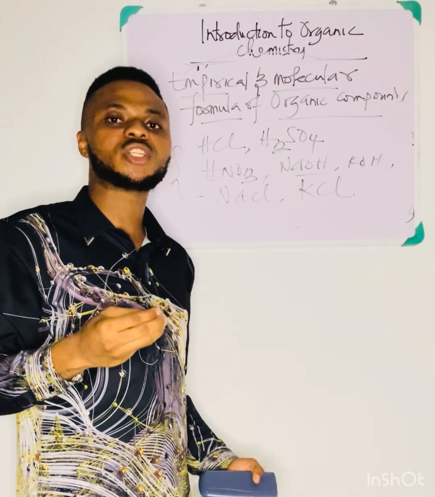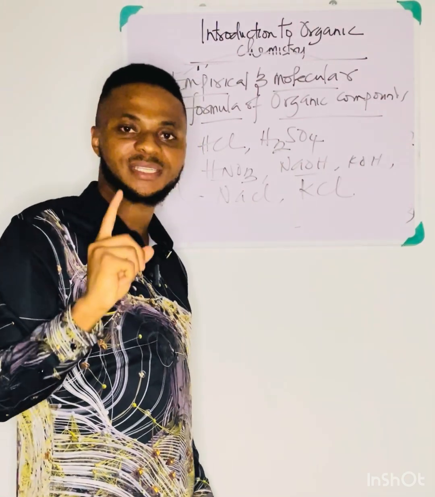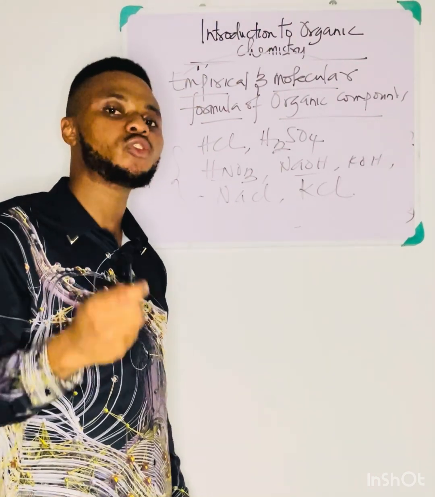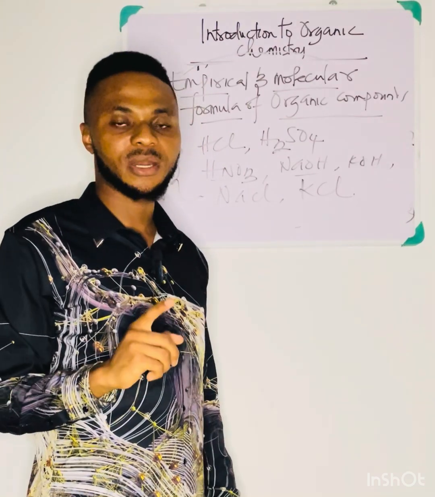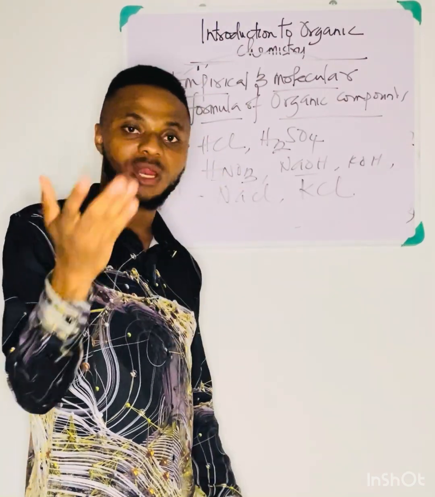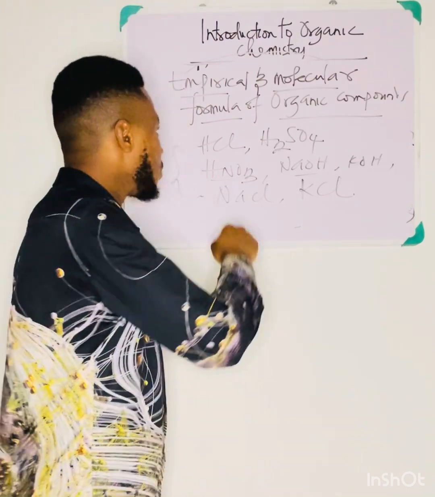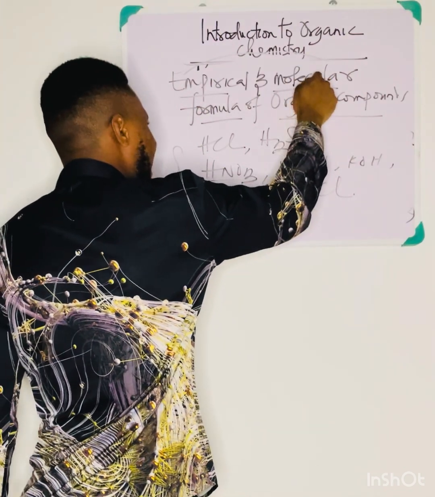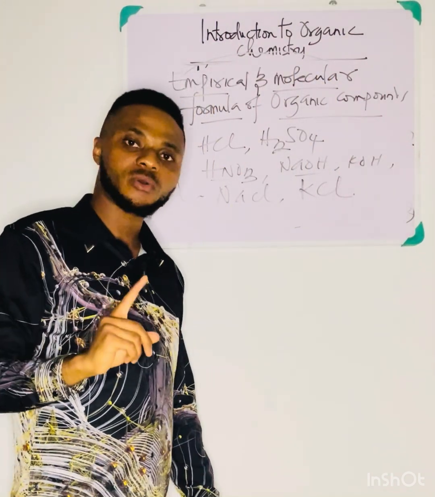It shows the smallest number of constituents that can exist in a compound. On the other hand, the molecular formula shows the actual number of moles of the constituent elements in an organic compound. So this one is the simplest mole ratio, while this is the exact number of moles of the constituent elements in an organic compound.